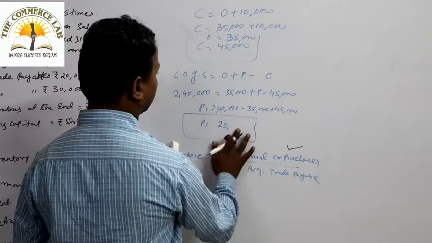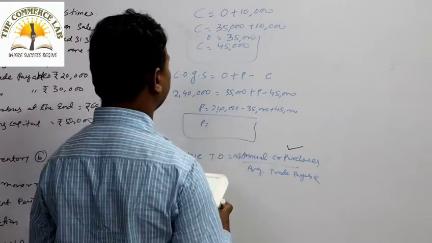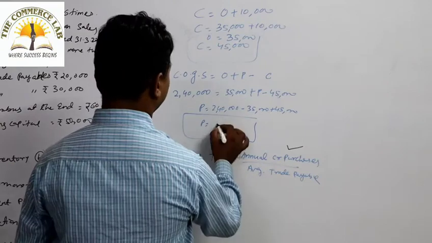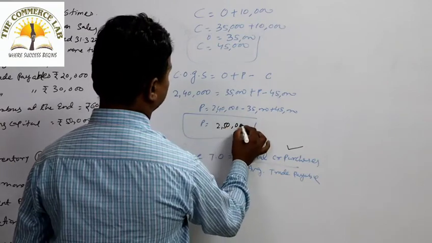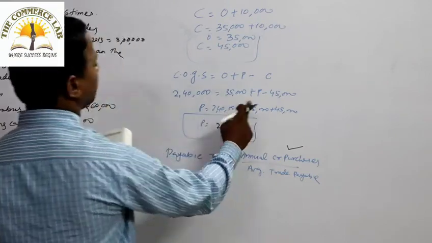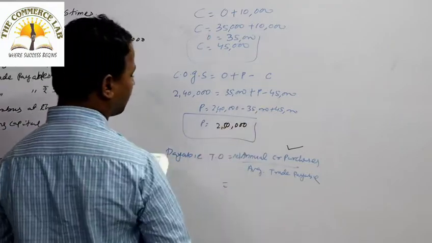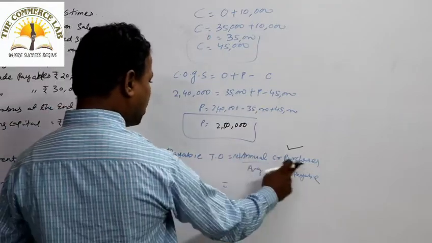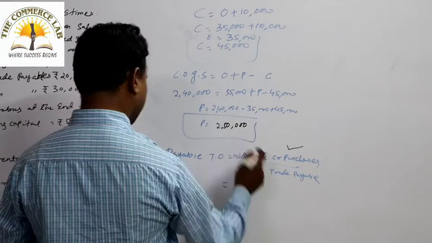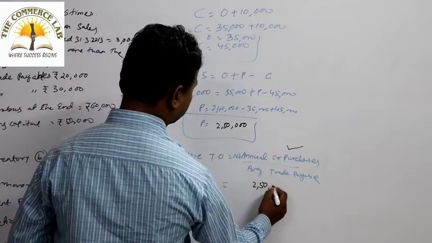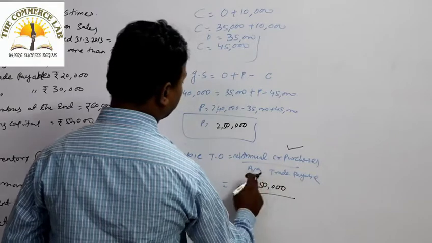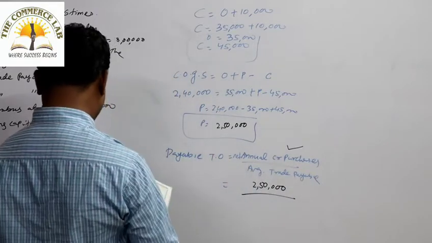Not 25 lakh, this is 2,50,000. So what is net annual credit purchase? We already calculated net annual credit purchases, that is 2,50,000, divided by average trade payable. So what is trade payable?